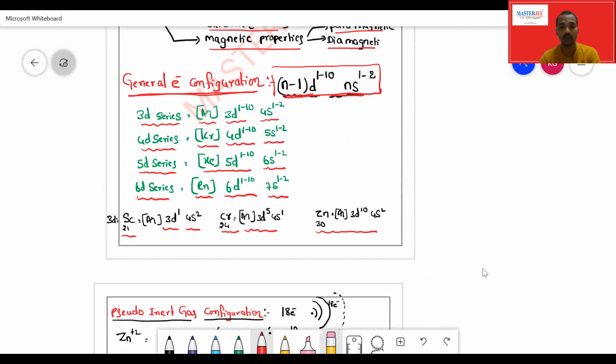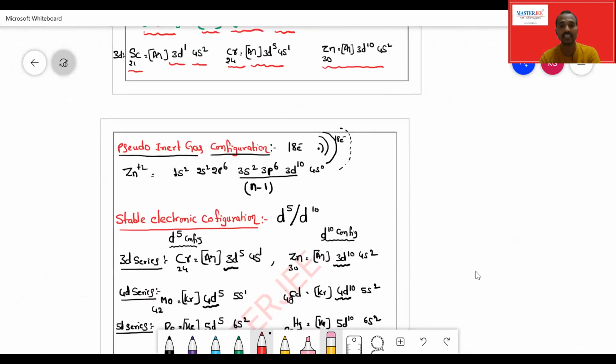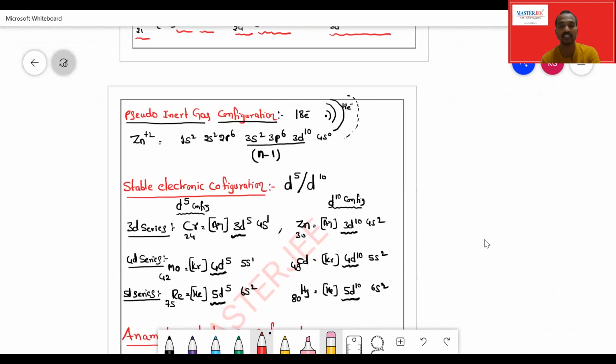Next, coming to the point, pseudo inert gas configuration. What is meant by pseudo inert gas configuration? Species which have 18 electrons in their (n-1) level. This is the ns level, 4s is nothing but the ns level, and this is 3s2, 3p6, 3d.